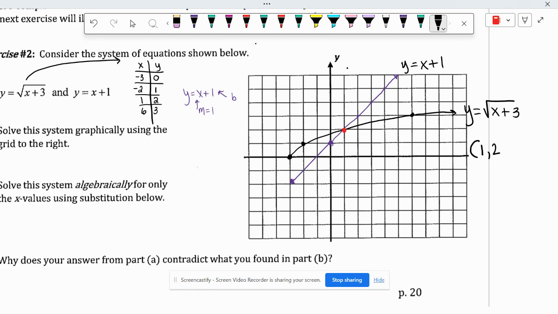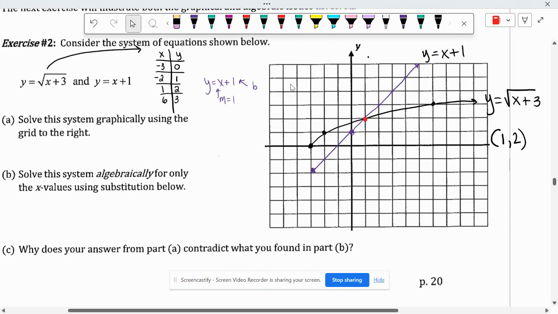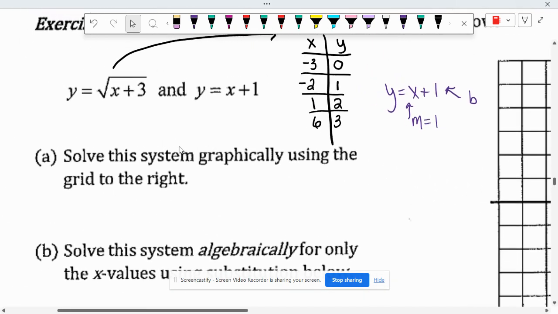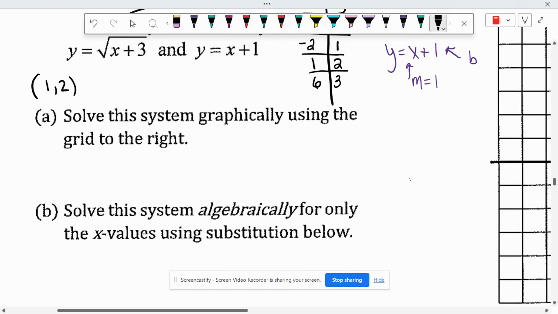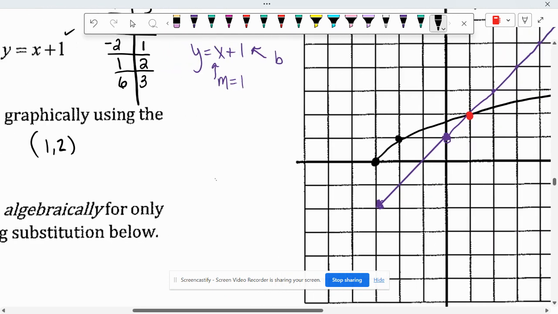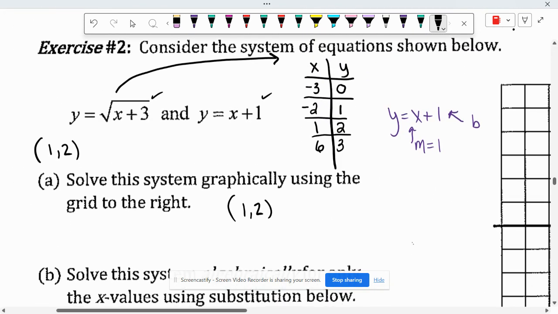The solution is the ordered pair 1, 2. What does that solution mean? Well, the word solution means that it's going to work for both. It means that the ordered pair 1, 2 works for both equations. So when we graph it, we get the solution 1, 2. That's what the graph says. It's right there. I highlighted it in red. That's our solution. Now let's try and solve it algebraically using a method that we both know.